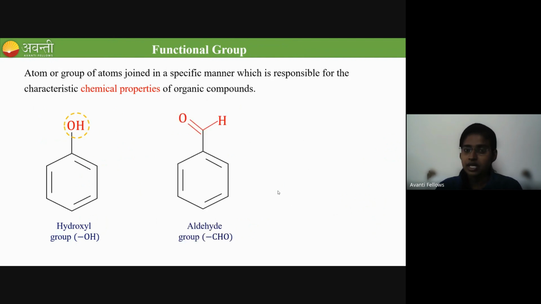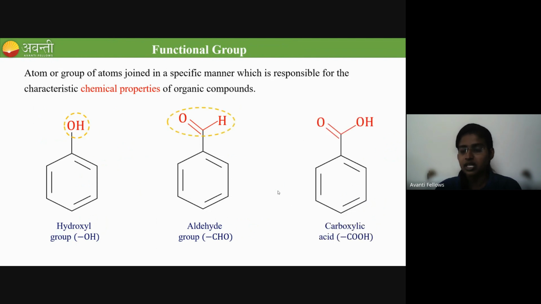Then coming to the next example, it is CHO. CHO is called aldehyde, and that is a functional group. And here we have COOH. Carboxylic acid is the functional group of this molecule. We have a list of functional groups also, which you might have written in your class notes.